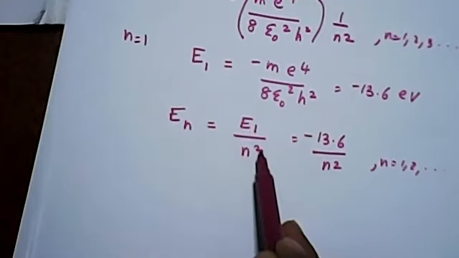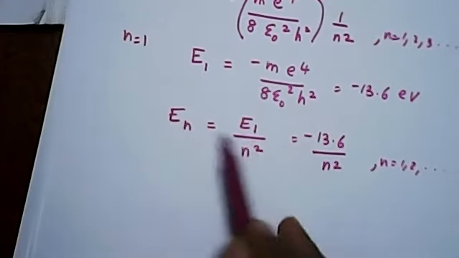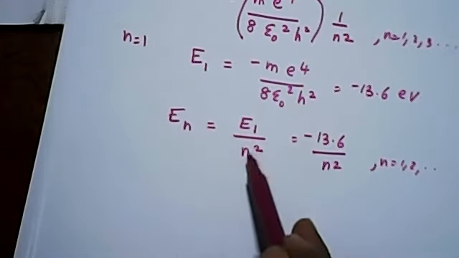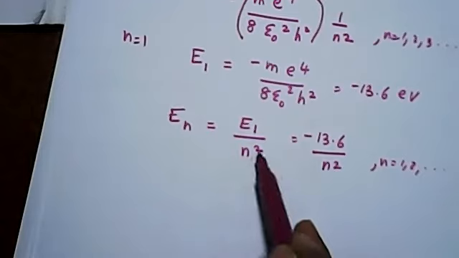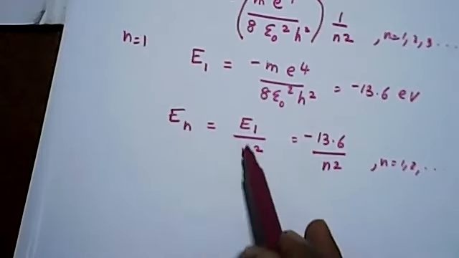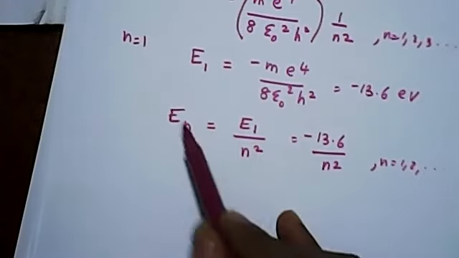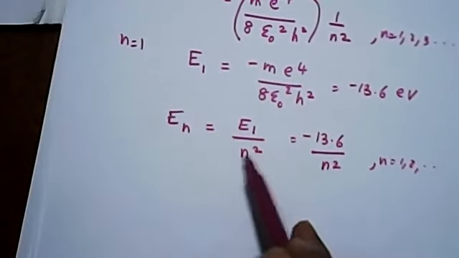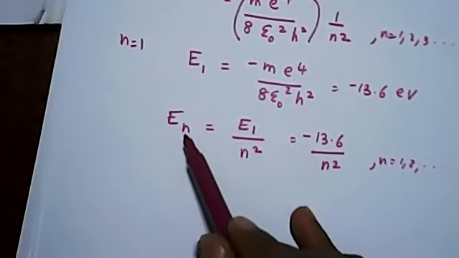You divide by 1 square, you will get the same. Now divided by 2 square, which is 4, you get E2. You divide by 9, you get E3, like that. Divided by 16, you get E4, like that.